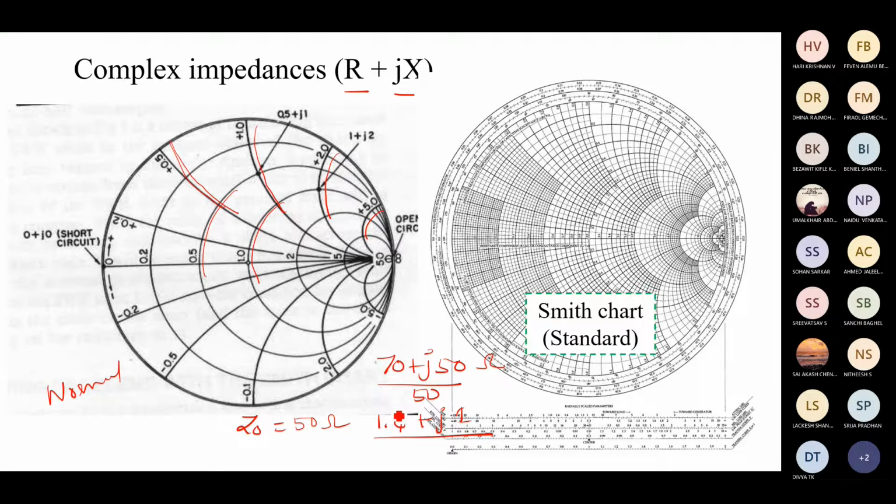How to map it? We have to search for the real circle with 1.4. Here you can see 1, here you can see 2, in between that 1.5. So this is the point. Then we have to search for the circle in the imaginary part.